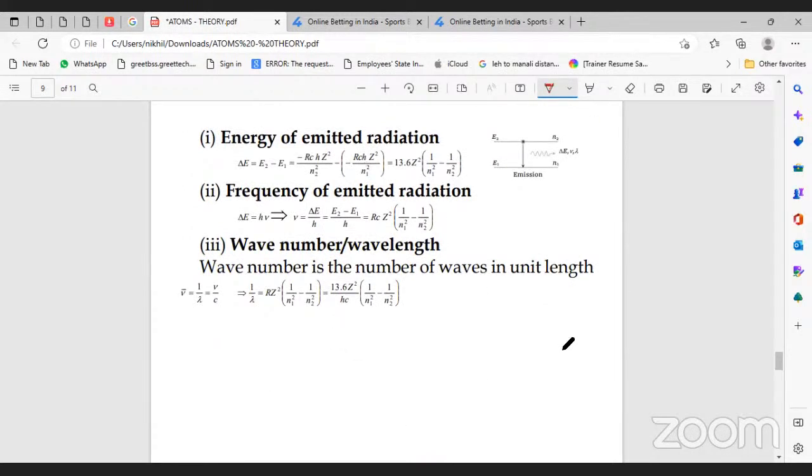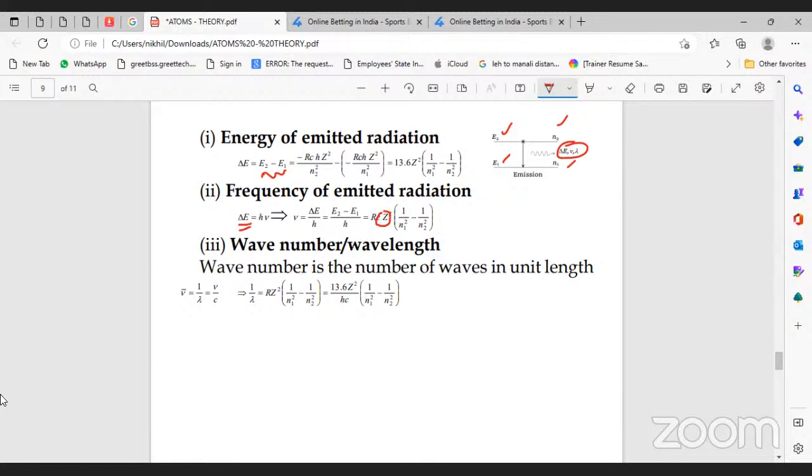The electron is coming from E2 to E1, that is from n2 to n1. It emits energy, given by E2 minus E1. That is R into 1 by n1 squared minus 1 by n2 squared; if you multiply by c and z squared, that gives the energy.